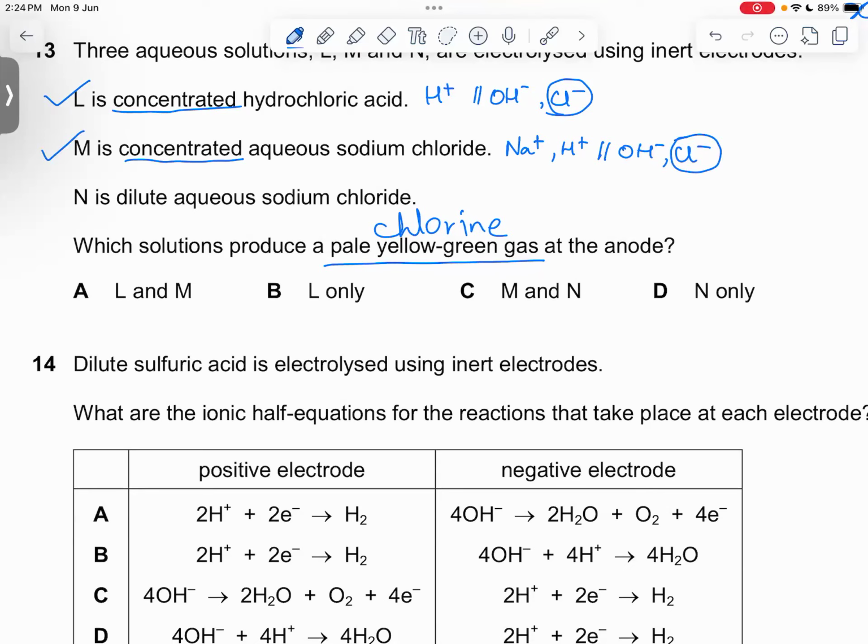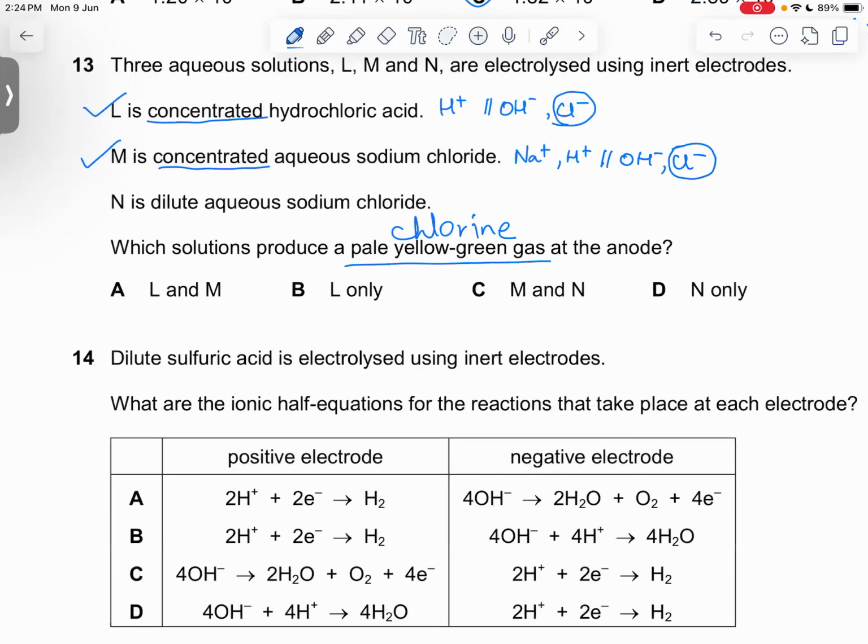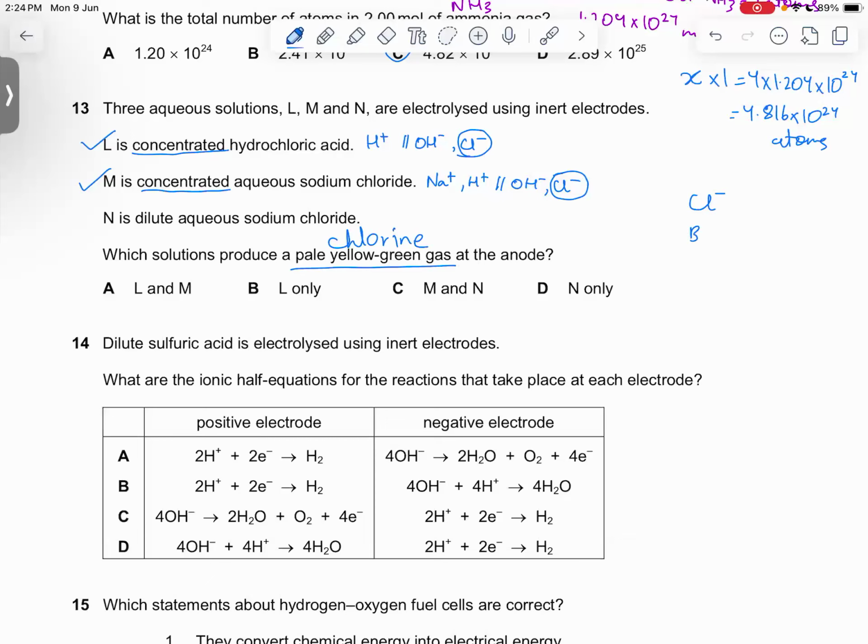We have studied that when there is a chloride, a bromide, or an iodide in an aqueous solution, we look at the concentration of that solution. If the solution is concentrated, then the halides get discharged.